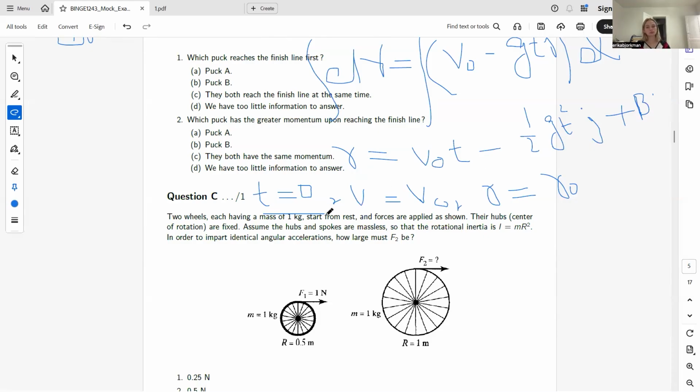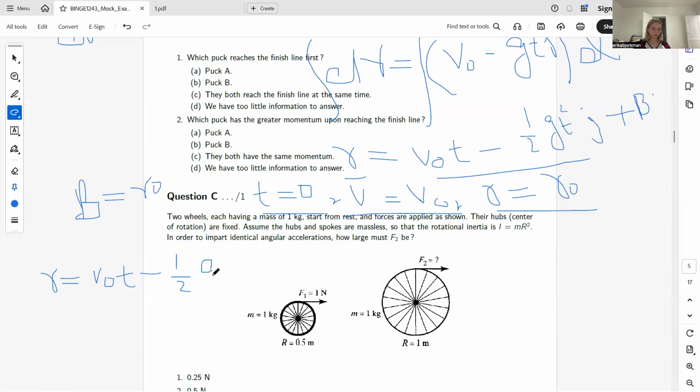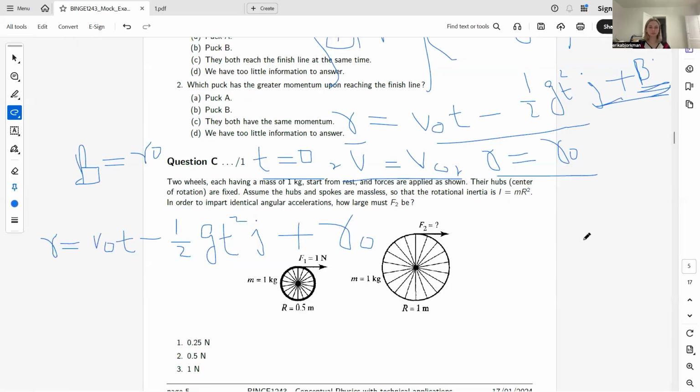When I replace this condition in this equation, the time term will vanish. The only term that will remain is r. So our b will become equal to r naught for the initial case. Then our final equation, after putting the value of this constant b, will become v naught t minus half gt square j plus r naught, which replaces the integration constant b.